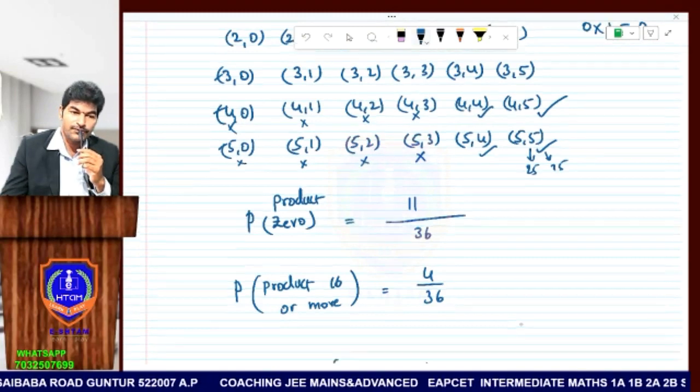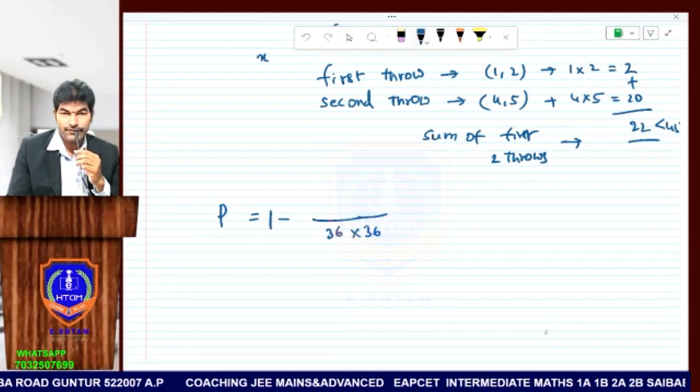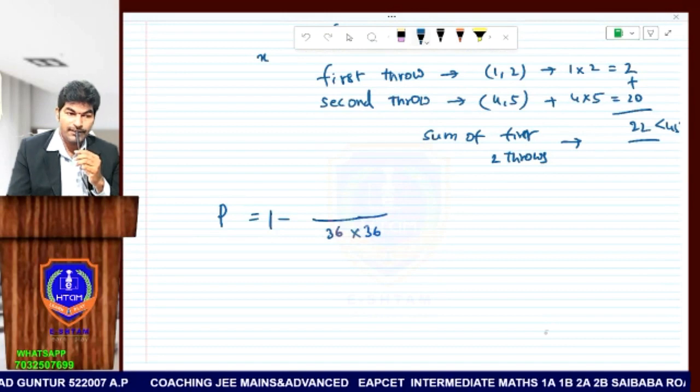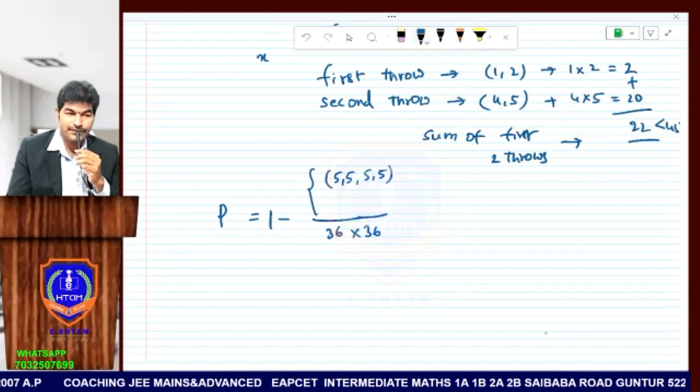For the first throw, 5-5. For the second throw also you got 5-5. Then I am writing those events as ordered pairs, like 5-5, 5-5. Totally how much is this?